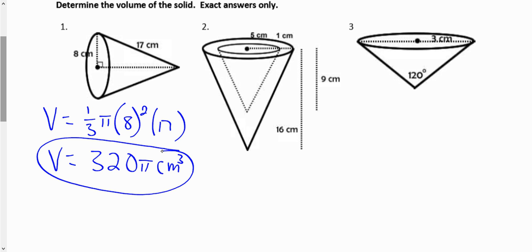Easy enough. Second one's a little bit trickier. What do you have to do in the second one? Yeah, big cone volume minus a small cone volume, right? Big cone minus small cone.